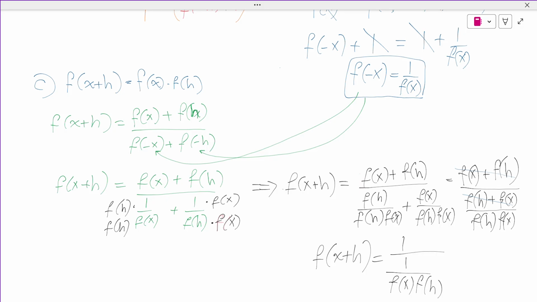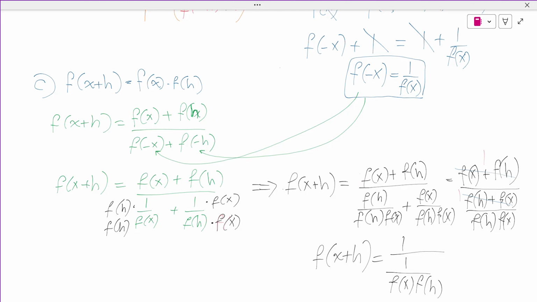So, why did I write 1 and 1? Because again, I cancel this f of x plus h. So when you cancel this one, f of x plus h, and this is f of h plus f of x, there is 1, right? Now 1 over f of x plus h, that means you just need to flip the denominator. It becomes f of x plus h over 1.